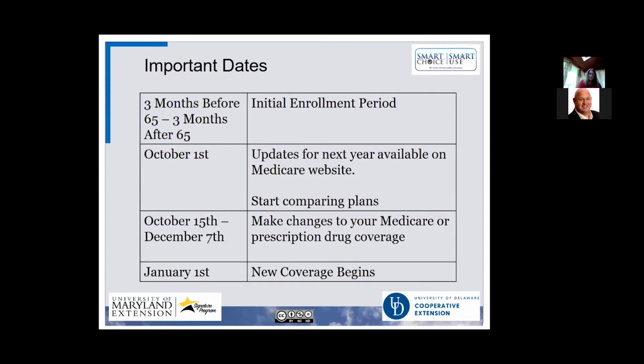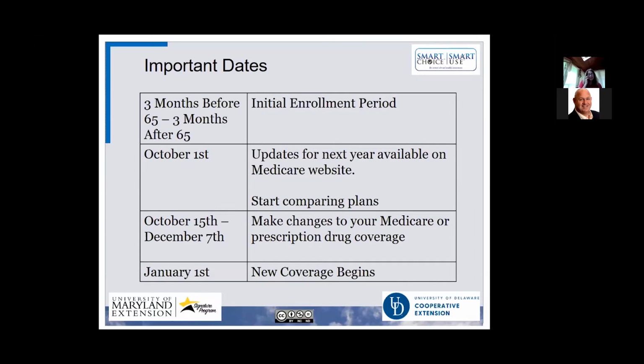So you can start looking at what changes there might be, what new options there might be, if there's an option that's been changed or taken away. And every year there's an open enrollment period from October 15th through December 7th. During that time, you can make changes to your Medicare or your prescription drug coverage. And the new coverage begins each year on January 1st.